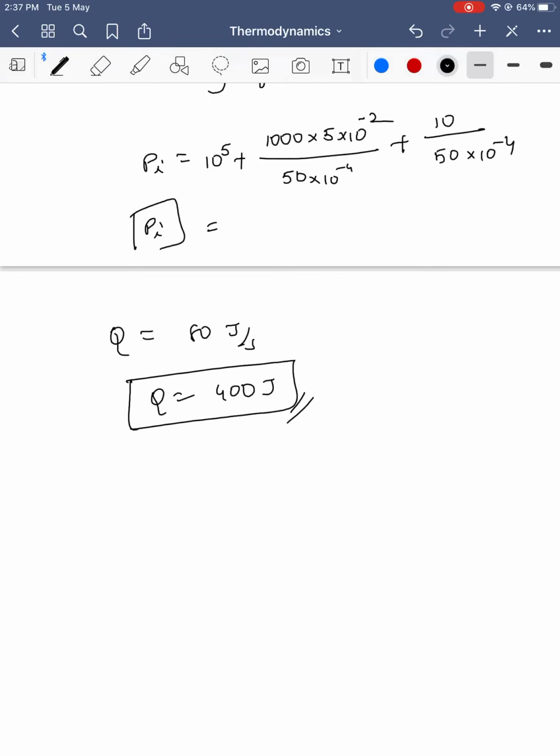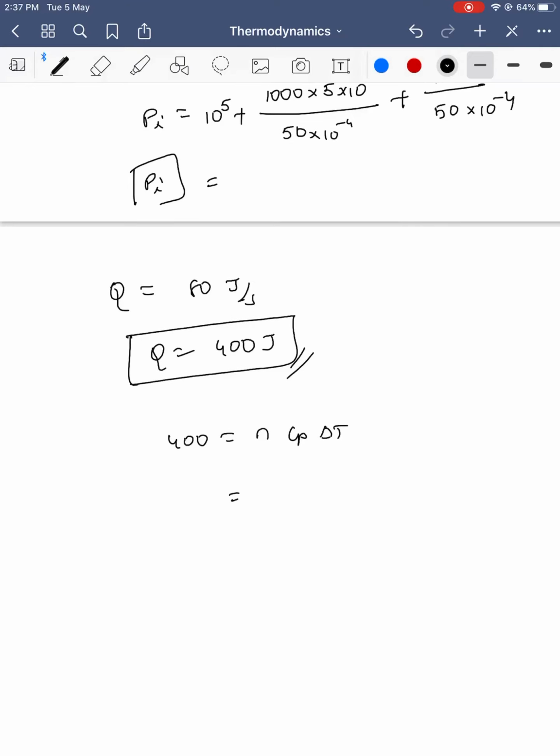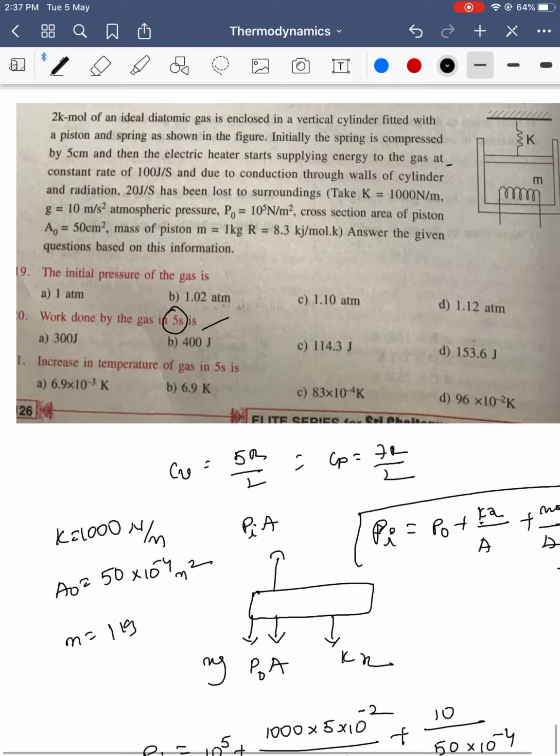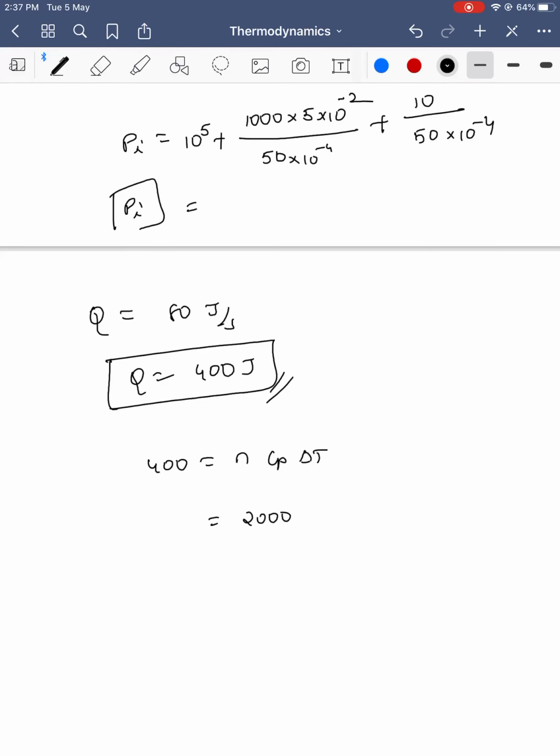So Q is equal to nCp into delta T. N is 2000, I think. Cp for this diatomic gas is 7R by 2, into delta T. We can get the change in temperature, so it is 400. From here we will get the value of delta T.